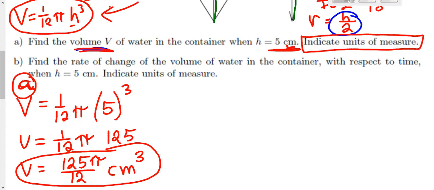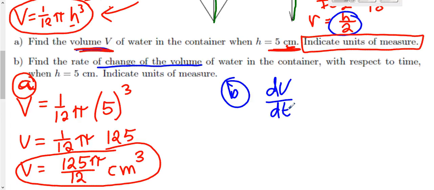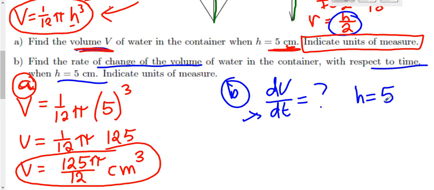Part B, find the rate of change of the volume. So part B is asking you for dV/dt, with respect to time, when the height is 5. So we are still using a height of 5. So we need to take our volume.